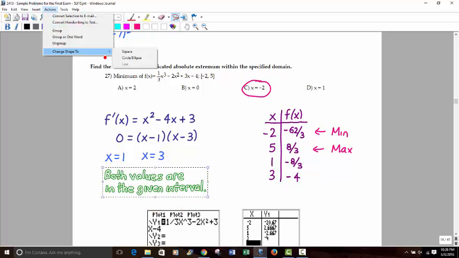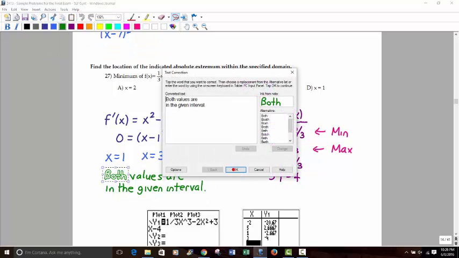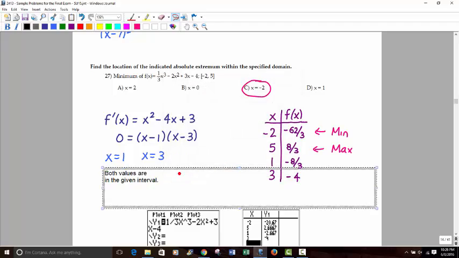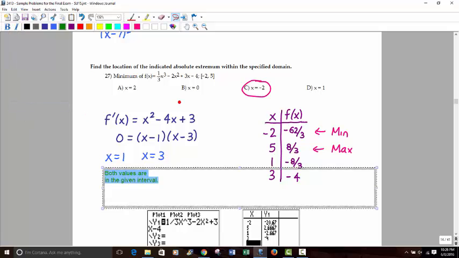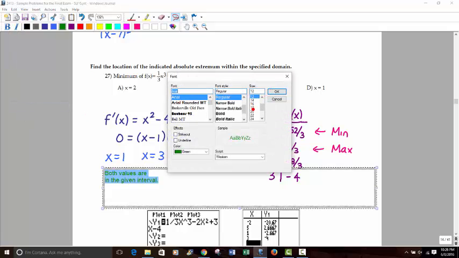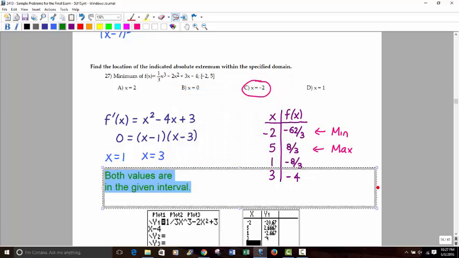All right, so I will test both of them. Okay. And over to the right, I have my t-chart. Put in negative 2, put in 5, put in 1 and 3.